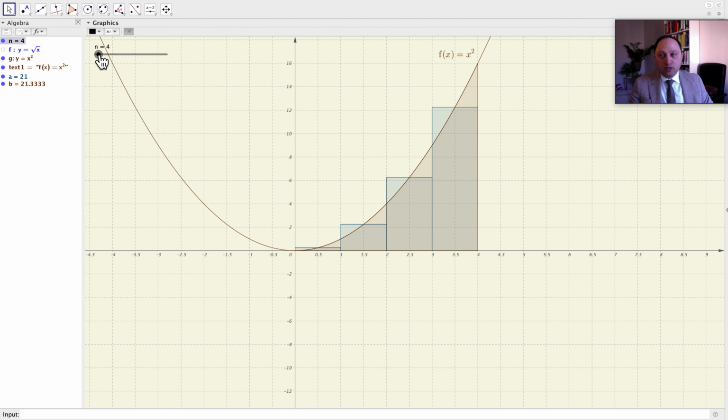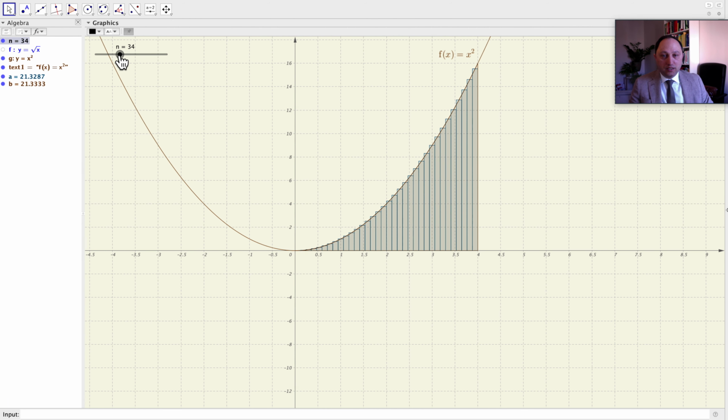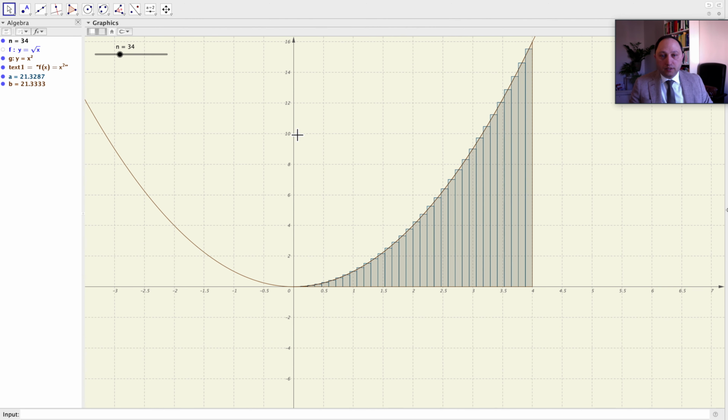Now I didn't do the other ones. Let me increase to 5. You see what's happening? Look at these numbers and look at these pictures. We are getting even closer. Let me increase this. You see, I'm getting closer. Now let us make it be extremely high. And let me turn off the grids here so that you are not confused.